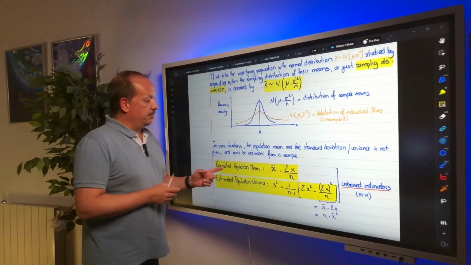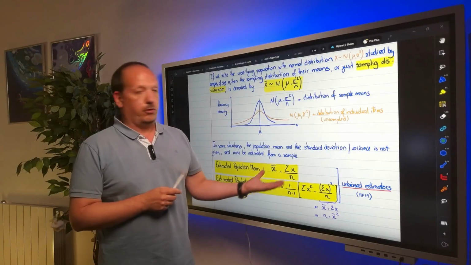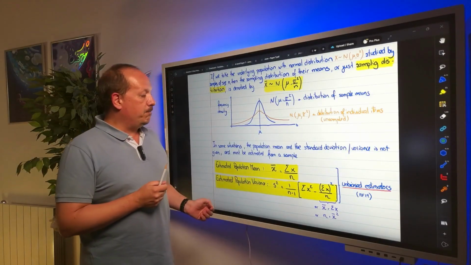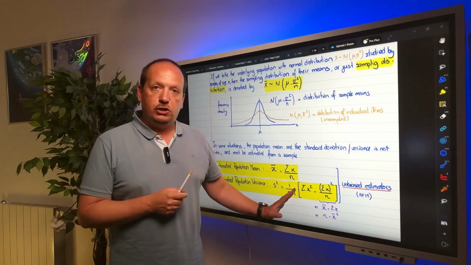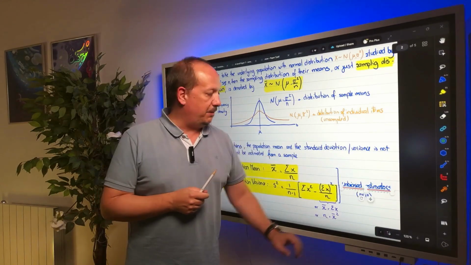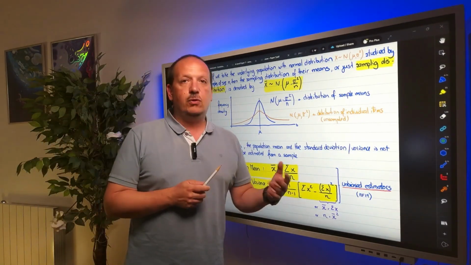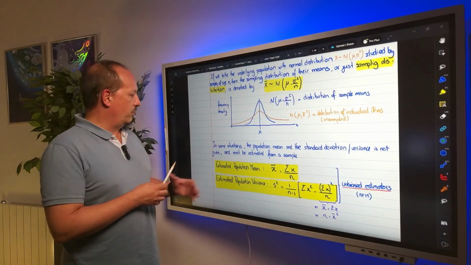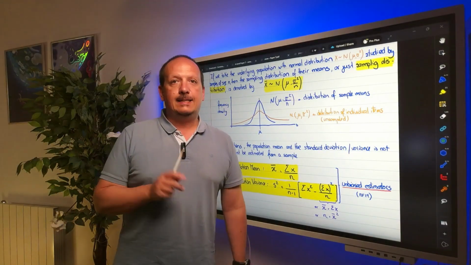Obviously, the estimated population mean is going to be given by the formula that you are used to since, well, ever. But for the variance, you have to use this one. No need to memorize it. It is part of MF19, so you might as well use the MF19 if you are ever asked to calculate unbiased estimates for the population variance. Just go there and get it.